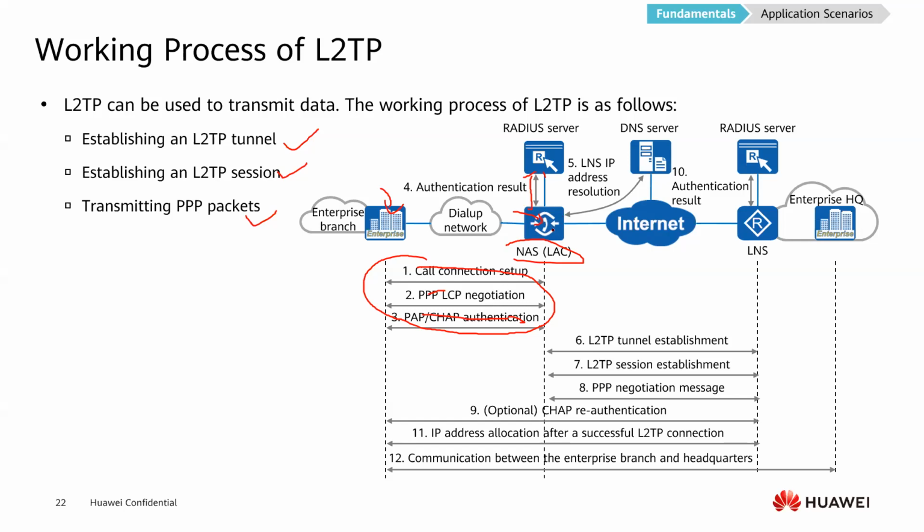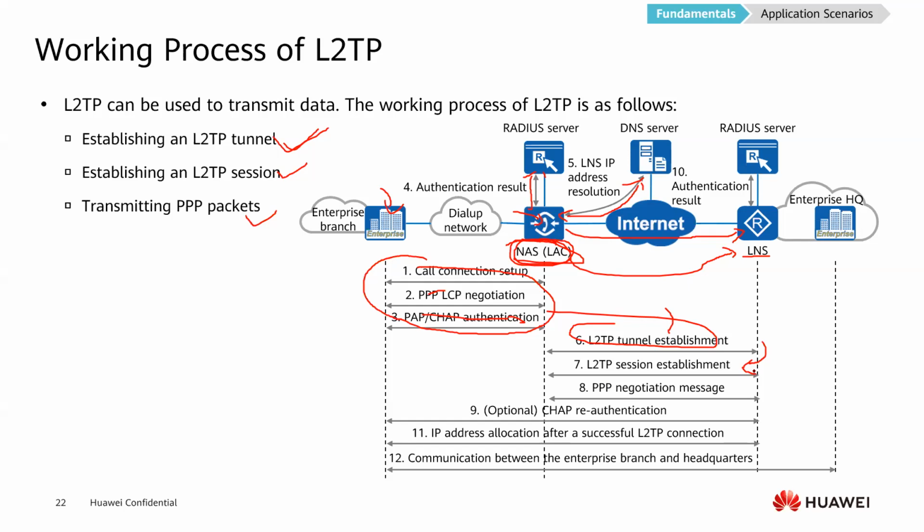After that, the NAS will try to create the L2TP tunnel with the LNS. If you configured the IP address for the LNS, it will directly create the connection. But if it is based on a domain name, it will ask the DNS for the LNS IP address. After the tunnel is established, they will negotiate a session number and then create the L2TP session.